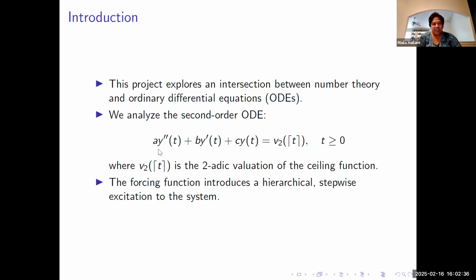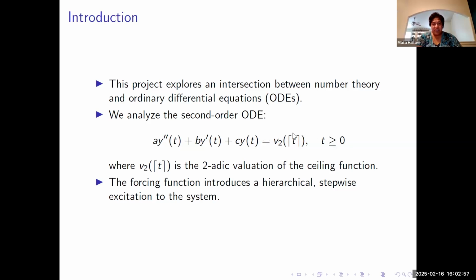Consider this second order constant coefficient differential equation with this forcing on the right-hand side. This forcing is the 2-Adic valuation of the ceiling function, and here we consider t to be non-negative.